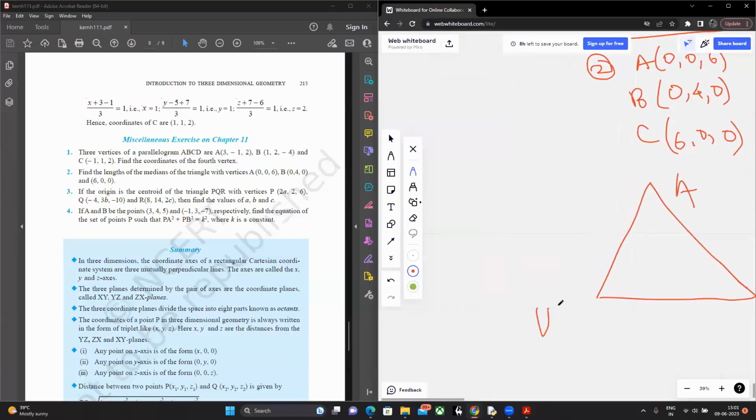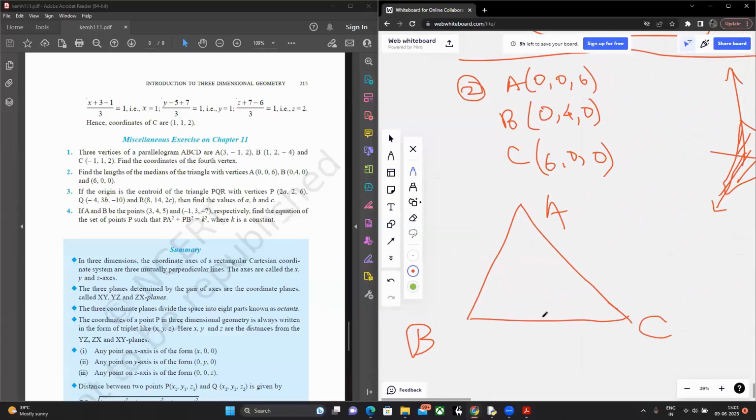You have A, you have B, you have C, right? And you have a point D that is going to be the midpoint of BC. You are going to have E, which is going to be the midpoint of AB, and you are going to have F, which is going to be the midpoint of AC.